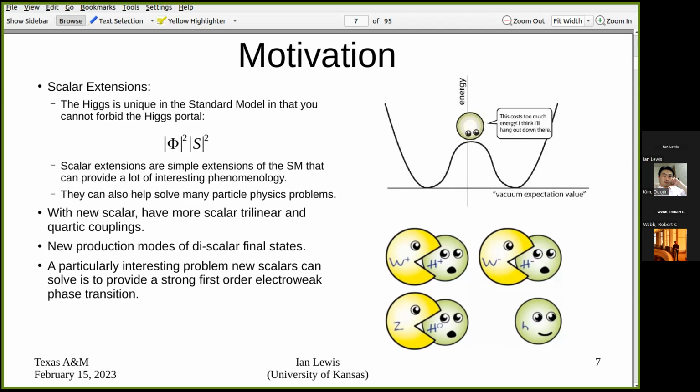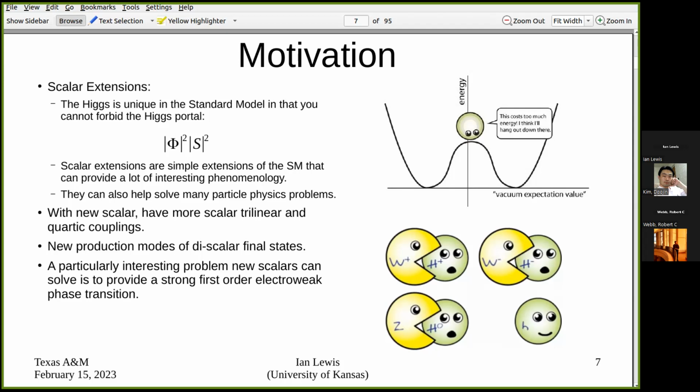Once I have a new scalar, you have many more scalar trilinear and quartic couplings, not just the Higgs trilinear anymore. I have new trilinears with the new scalars and all these different iterations of that. And there are many new modes of di-scalar final states. I want to probe this, because if I want to understand how the Higgs is getting the vacuum expectation value, I want to understand the shape of the potential.